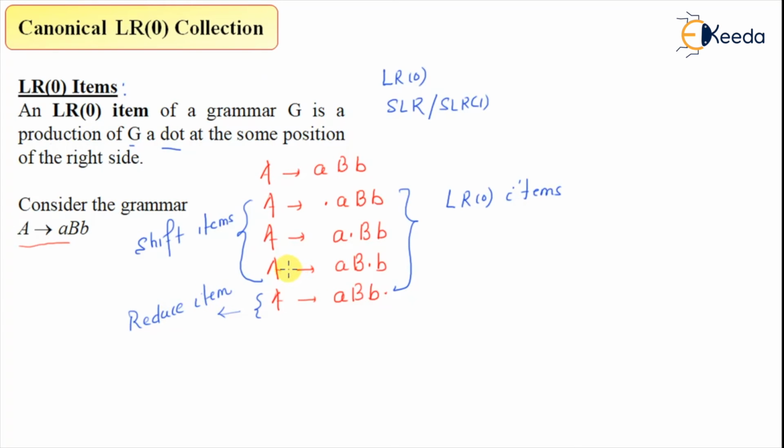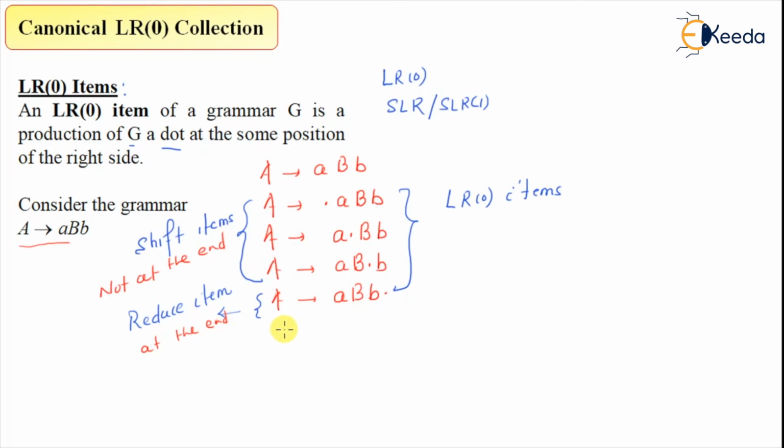So we have two kinds of LR0 items: the shift item, where the dot is precisely not at the end, and the reduce item, where the dot is at the end.